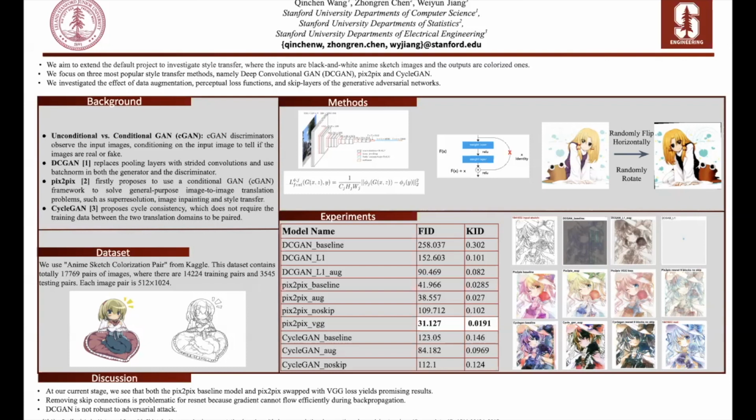On the third row, we can see all the CycleGAN results going from baseline to adding data augmentation and with ResNet and no skip connections. Again, adding data augmentation improves the baseline, but deleting the skip connections doesn't work as we imagined. And finally, we just have the real output image.